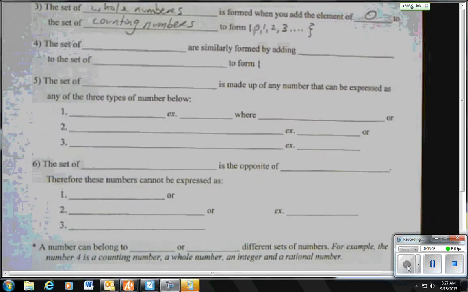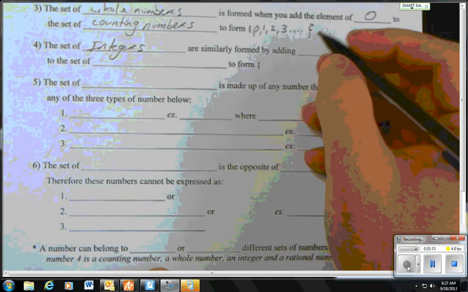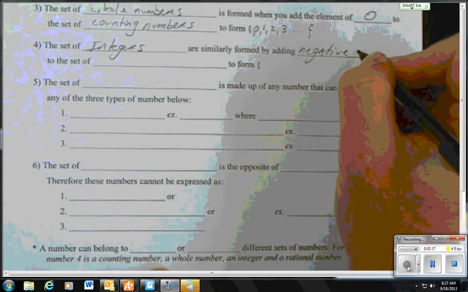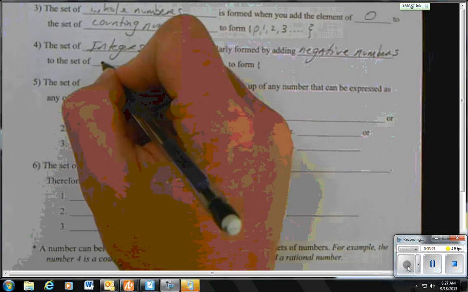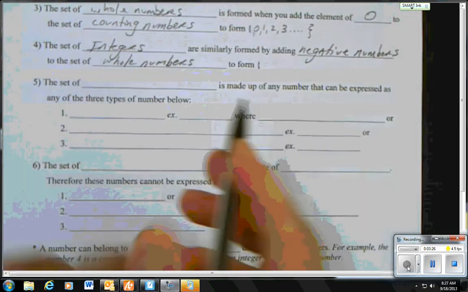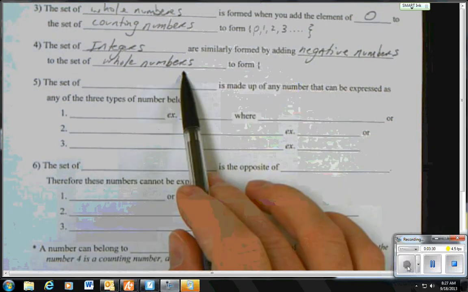Looking at number 4 there, the set of integers are similarly formed by adding negative numbers to the set of whole numbers. So we're adding more numbers here. So integers are all whole numbers and their opposites.